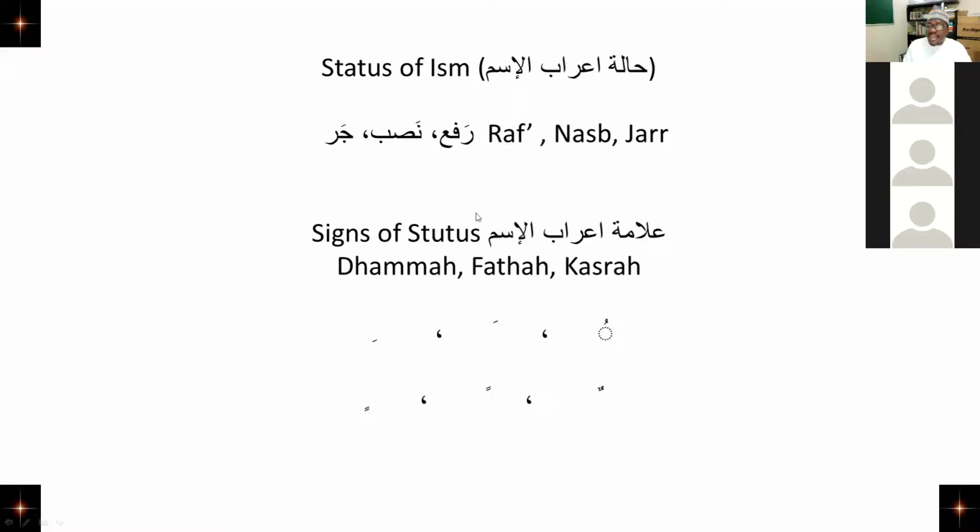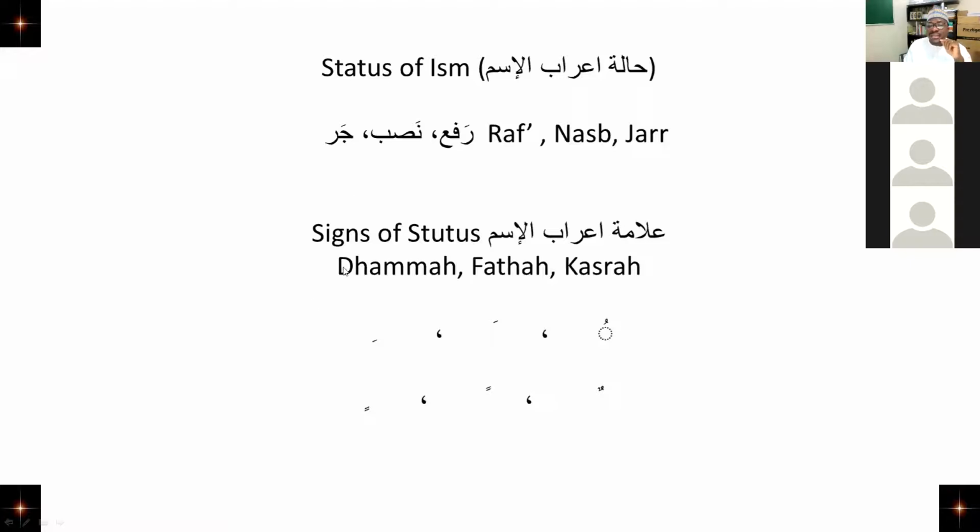But you can say Dhamma is a sign of Rafa. When I say is a sign, not the sign, note, it's a sign because there are other signs, okay? Fatha is a sign for Nasb, and Kisra is a sign for Jar.